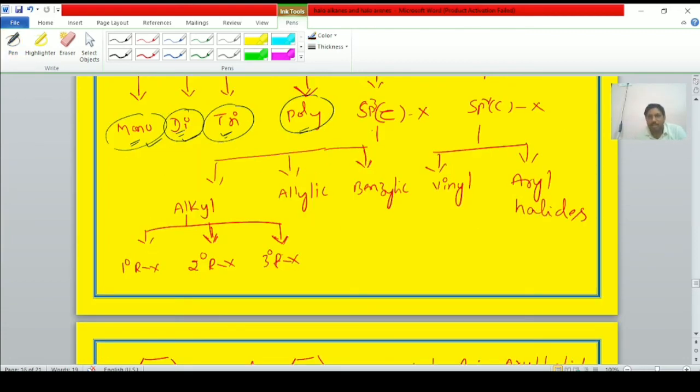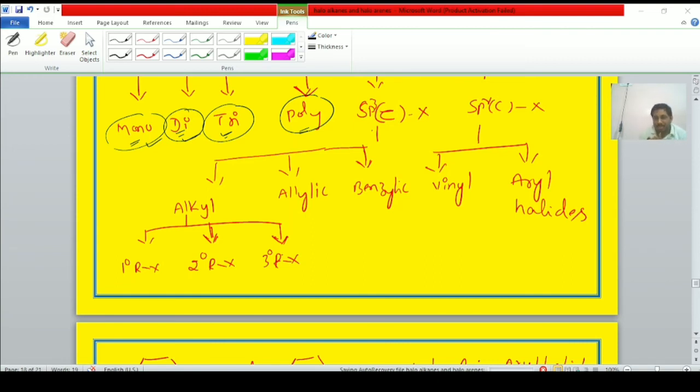Okay students, the second video, the classification of the haloalkanes and arenes, is completed. Now we are discussing a flow chart of the total topic, that is classification of the haloalkanes and arenes. One is based on the number of halogen atoms, the next is based on the hybridization of the carbon atom.